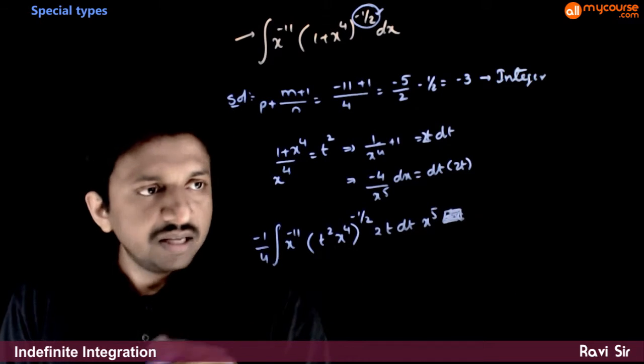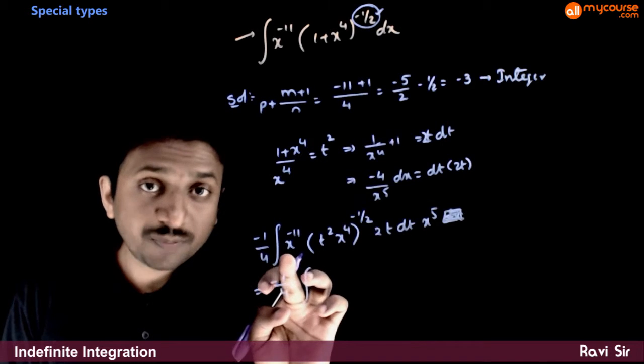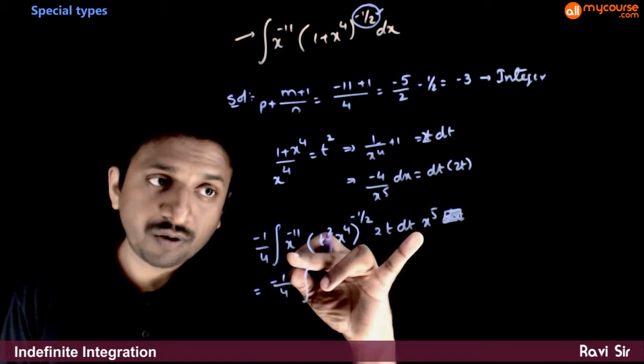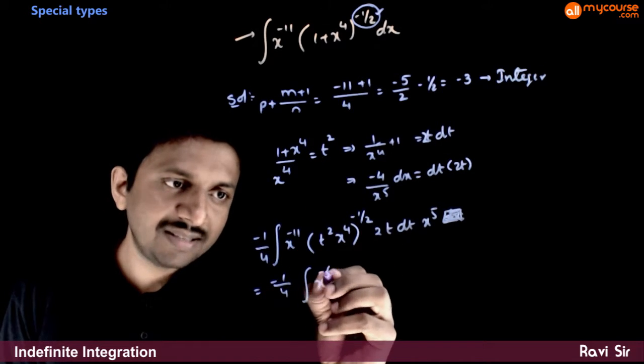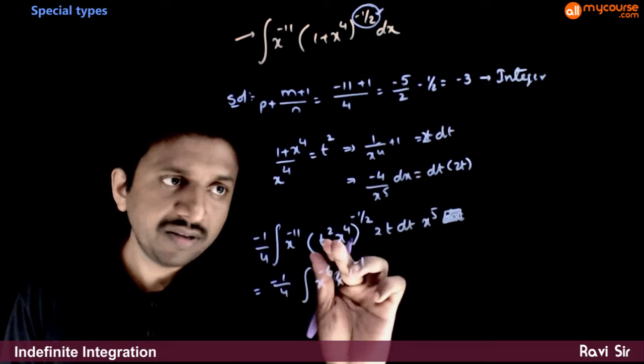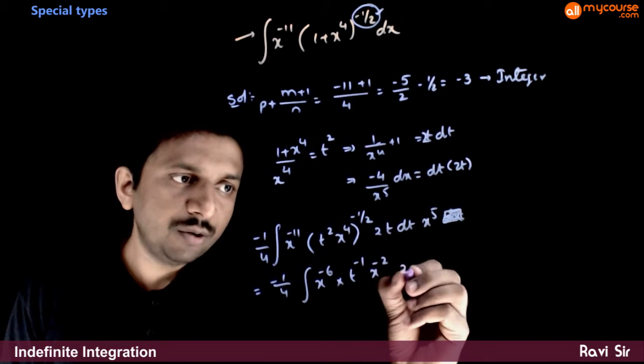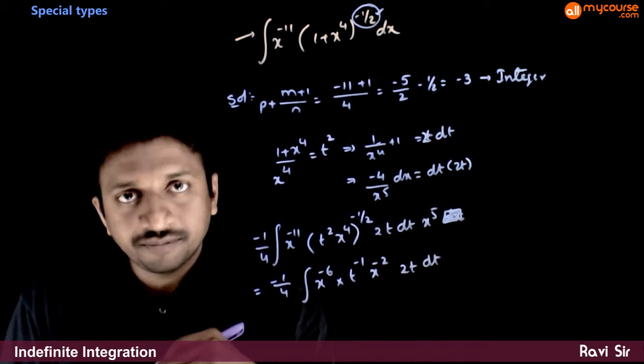So now you have minus 1 by 4 times the integration of x power minus 11, x power 5 is x power minus 6, into t square whole power minus half is t power minus 1. X power 4 whole power minus half is x power minus 2, into 2t dt.